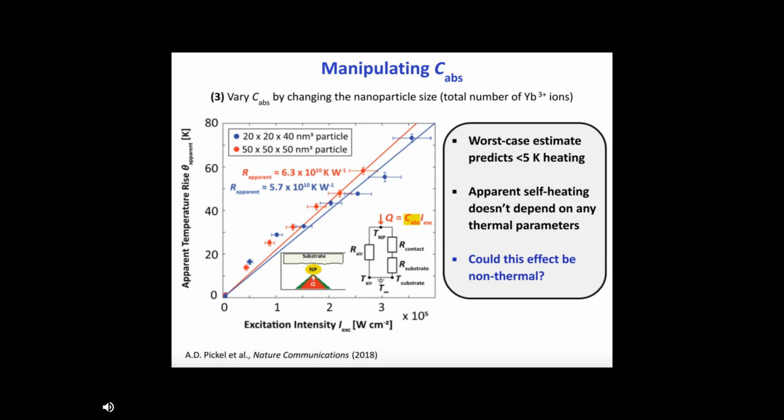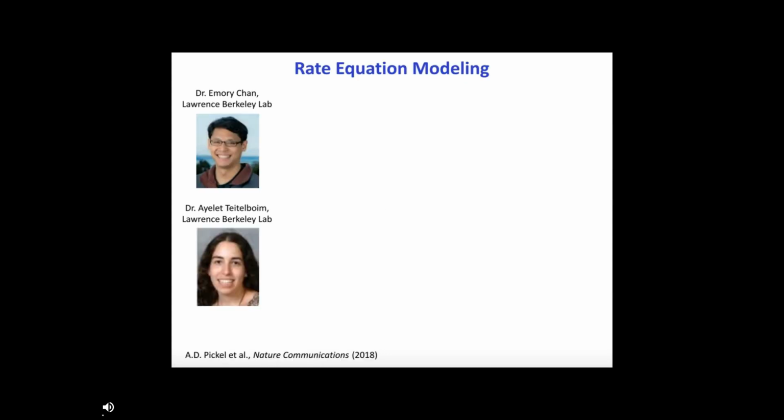And so my collaborators did some more modeling to really investigate in more detail what might be going on. So I'm fortunate to have some great collaborators, Dr. Emery Chan at Lawrence Berkeley Lab and Dr. Ayala Teitelboim, who was also at Lawrence Berkeley Lab at the time.